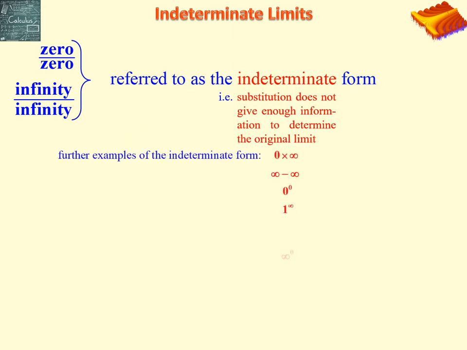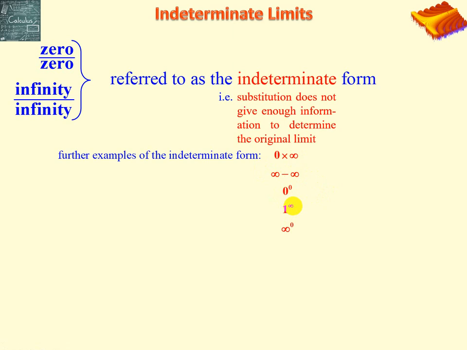Here's some more examples of indeterminate form. If you look at these, some of these are a bit weird to think out. 0 times anything is 0, but what about infinity? Infinity minus infinity, well, are we sure they're both the same size? 0 to the anything is 0, but anything to the 0 is 1, so we have a dilemma there. 1 to the infinity, I think that's 1.